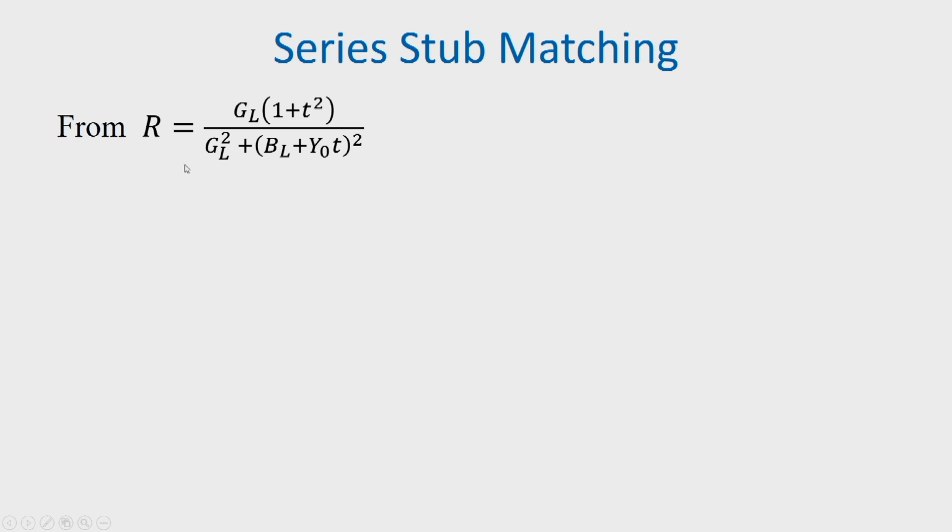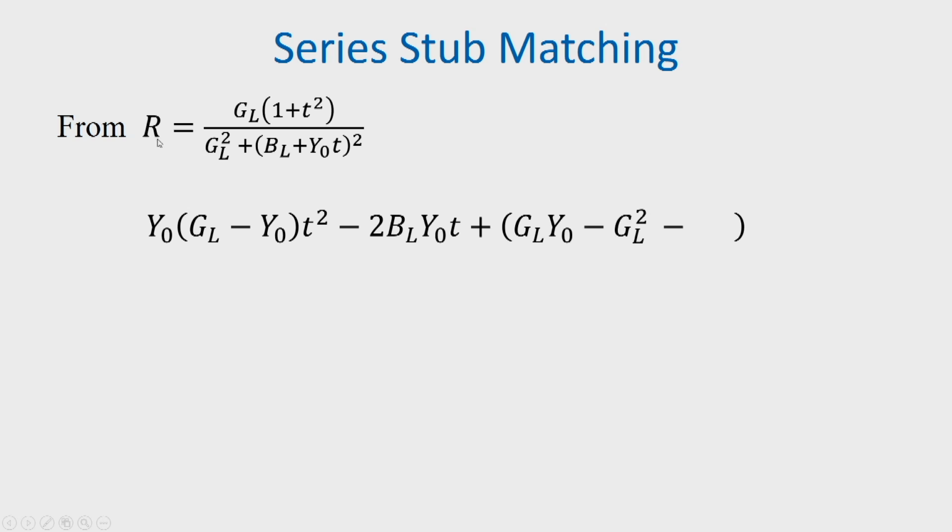So, from the expression of R L we can write, if we write R equal to Z naught is equal to 1 by Y naught, if we make this substitution and rearrange the terms, we can write Y naught G L minus Y naught T square minus 2 B L Y naught T plus G L Y naught minus G L square minus B L square equal to 0.